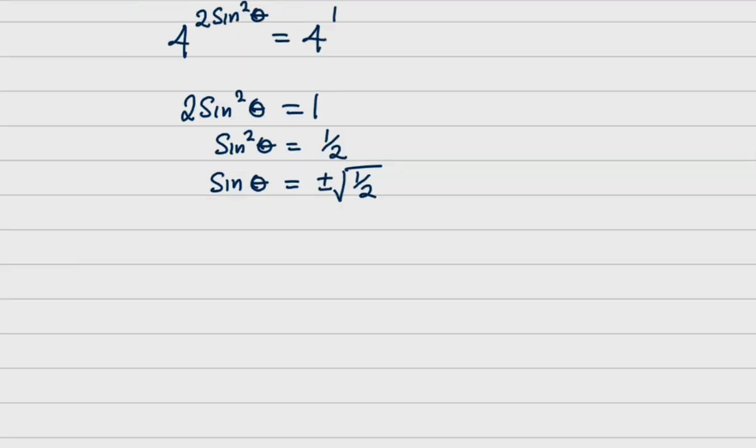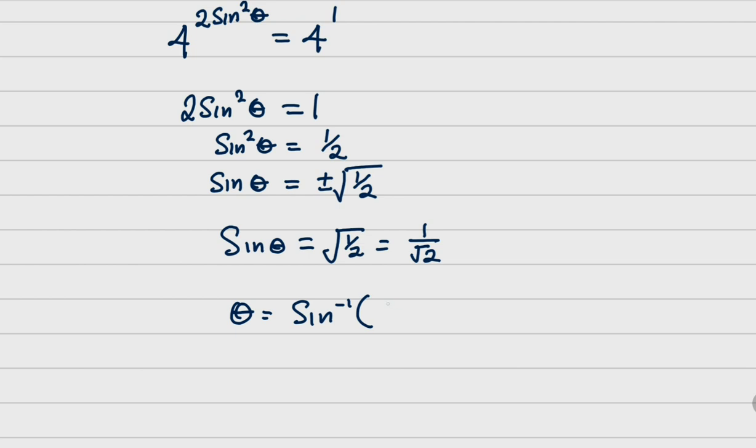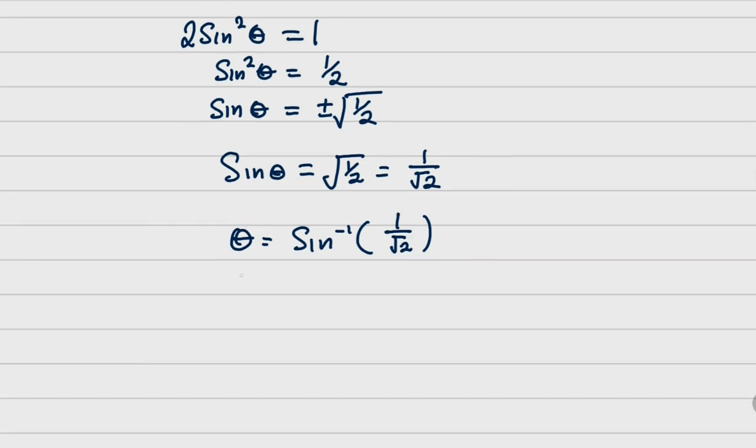Now, for the fact that the condition stands, sine theta should be only the positive value, which is going to be square root of 1 over 2, which is 1 over root 2. So that theta should be equal to sine inverse of 1 over root 2. And theta is going to be 45 degrees.